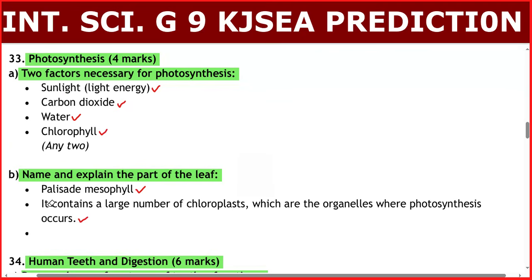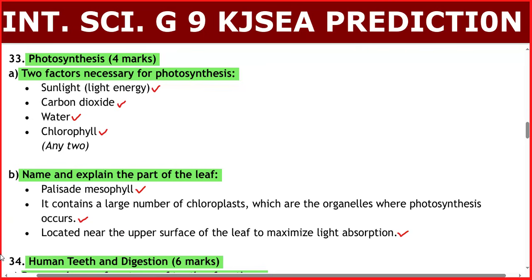This one contains a large number of chloroplasts, which are the organelles where photosynthesis occurs. That is the palisade mesophyll. Then we have another one here. It is located near the upper surface of the leaf to maximize light absorption. You can write that.